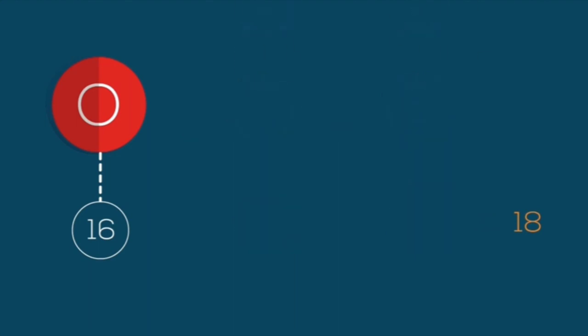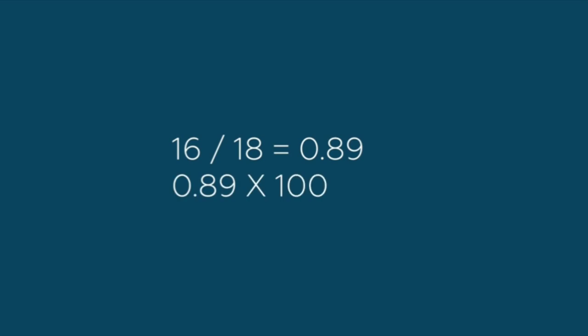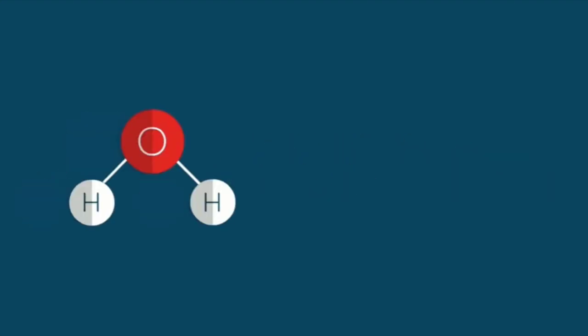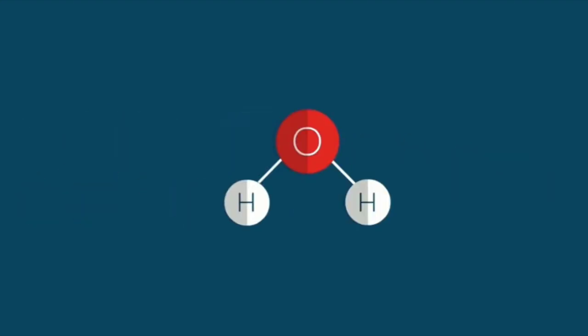We then divide the molecular mass of the oxygen atom, 16, by the total molecular mass, 18. Finally, we multiply the quotient of 0.89 by 100, and there we go, the percentage mass of oxygen in water, 89%.